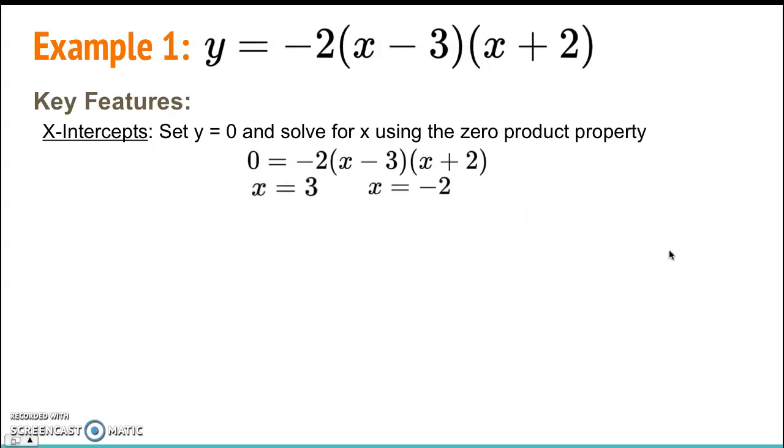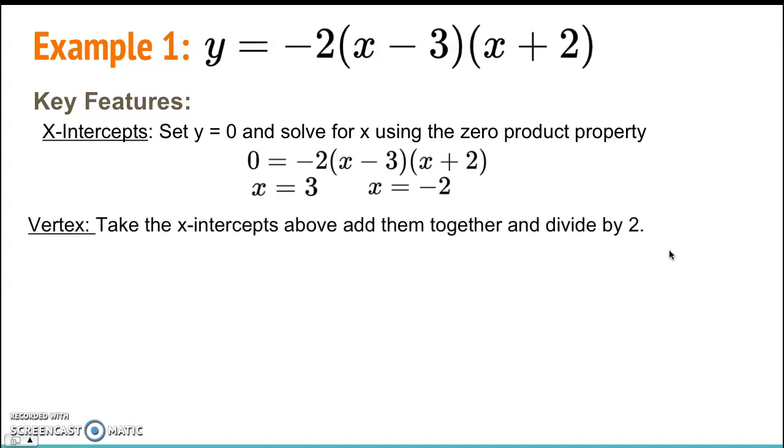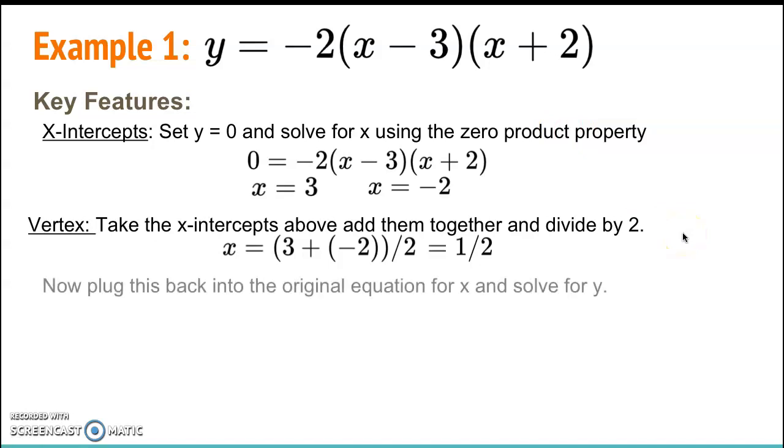Now we're going to use these values to find our vertex. The vertex is directly in the middle of those x-intercepts, halfway. So we take the two x-intercepts, add them, and divide by 2, and we end up with 1 over 2, or a half. Now that we have the x-coordinate of the vertex, we plug the 1/2 back in for both of the x's in the original equation and solve for y.